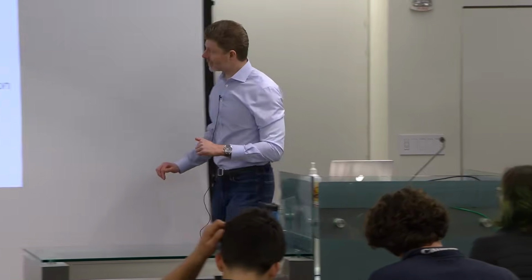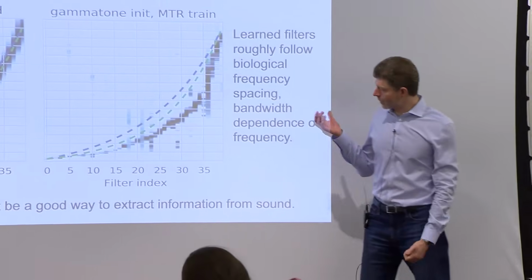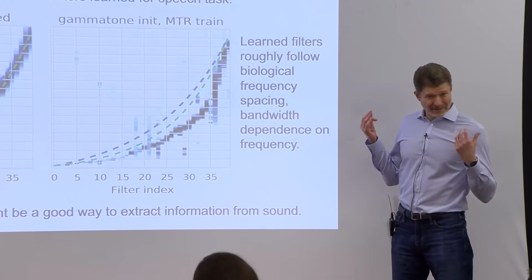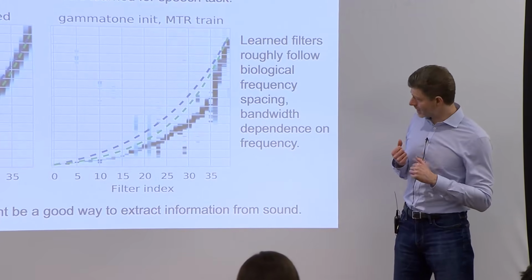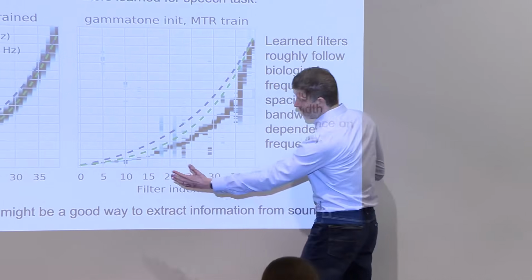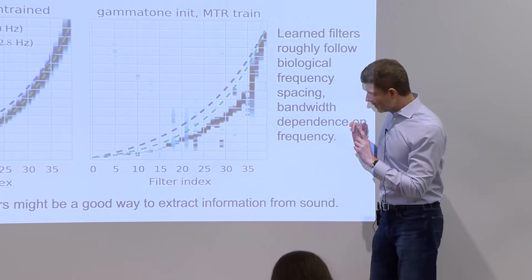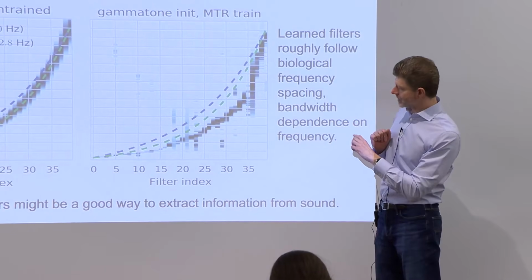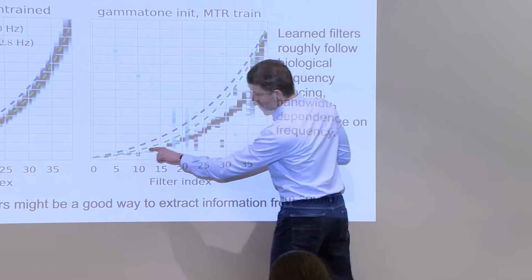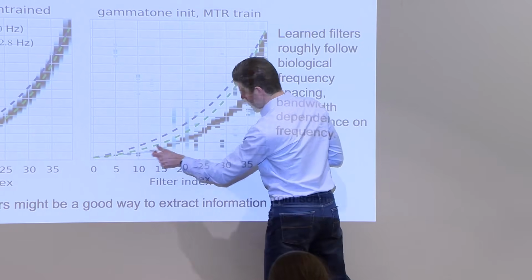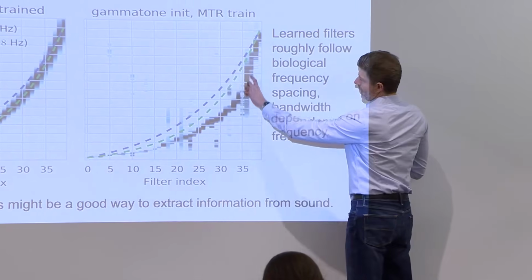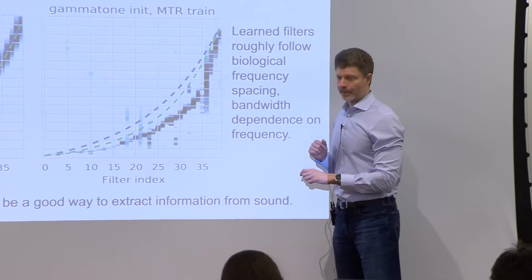Okay, and so the interesting result is if you look at the filters that emerged as a consequence of optimizing this system to recognize speech, if you arrange them in the same way, it's a little bit messy, but you can see some traces of the same thing. If you look at the filters tuned to low frequencies, they tend to be pretty narrow, whereas the ones tuned to high frequencies tend to be broader.